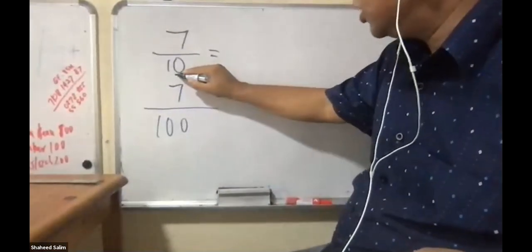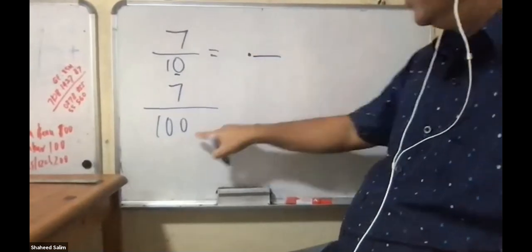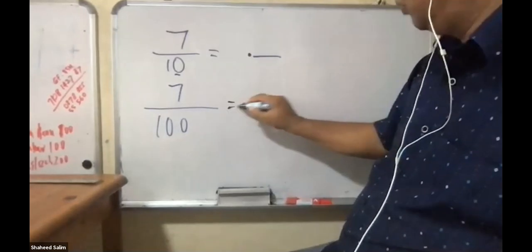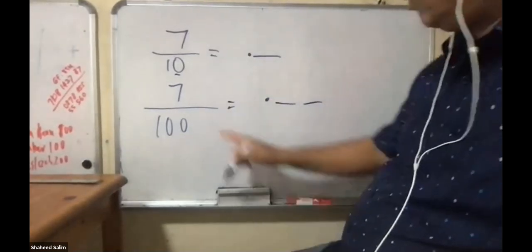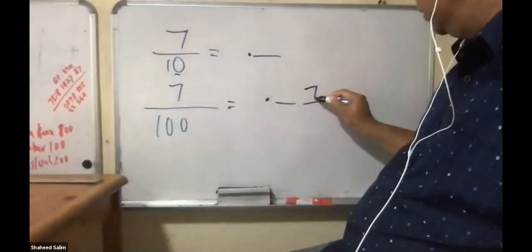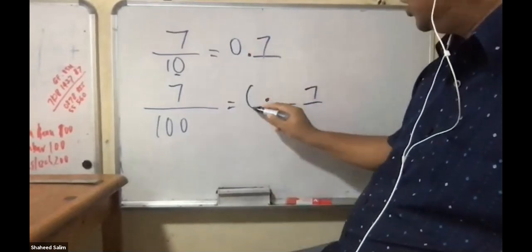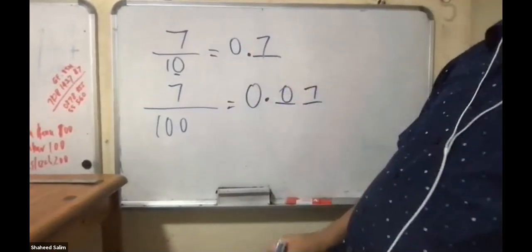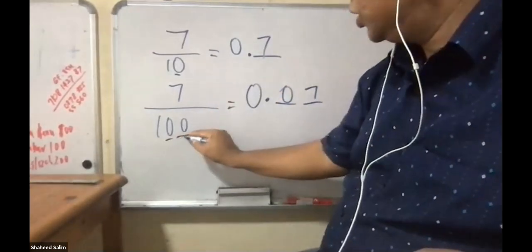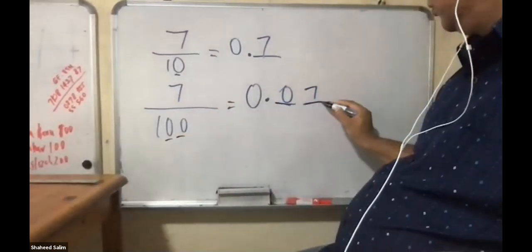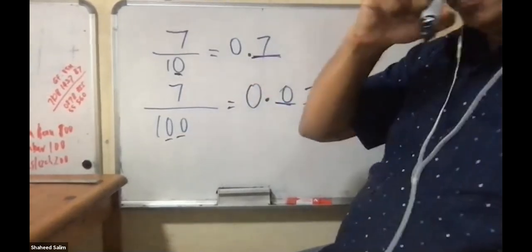Now 10 is 1 zero, so remember what I said, put a dot, one space. This 100 has 2 zeros, so put a dot, 2 spaces. Put the 7 at the end. Before that, put a 0, 0.7. This one 0.07. Watch again, 2 zeros, put 2 blanks, then the dot. 1 zero, put 1 blank and the dot.